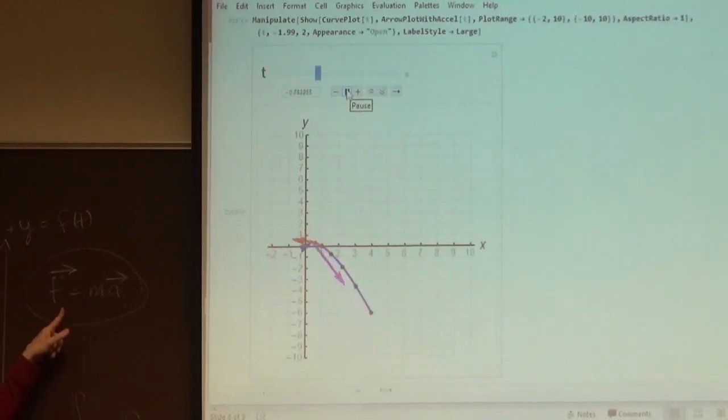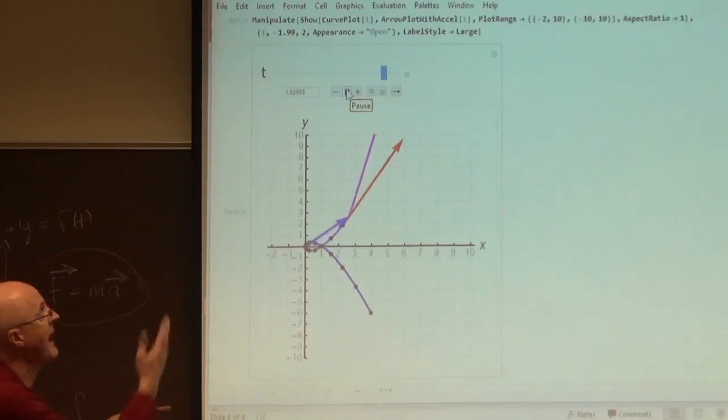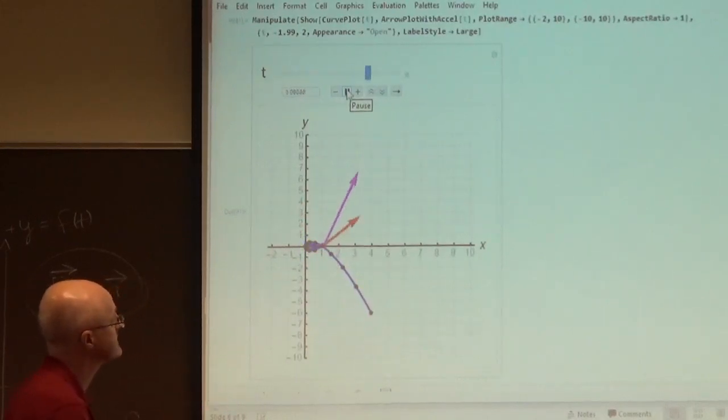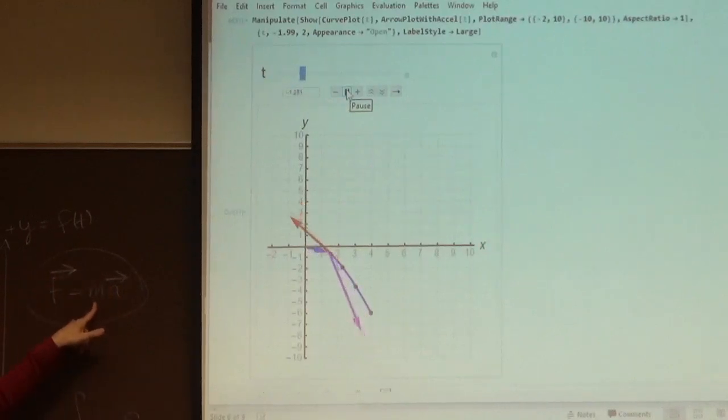The net force on the object as it moves is its mass times its acceleration. A scalar multiple of the acceleration is the force, meaning the net force on the object as it moves is parallel to that pink vector and is proportional to its length, with proportionality constant equal to the mass.